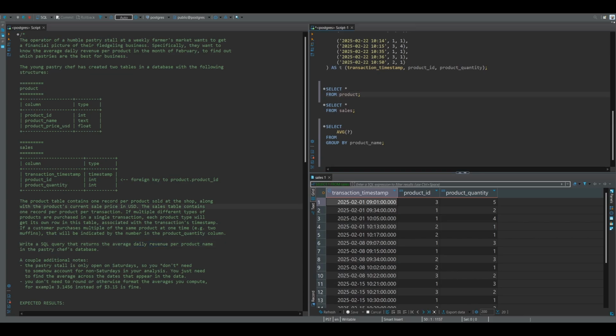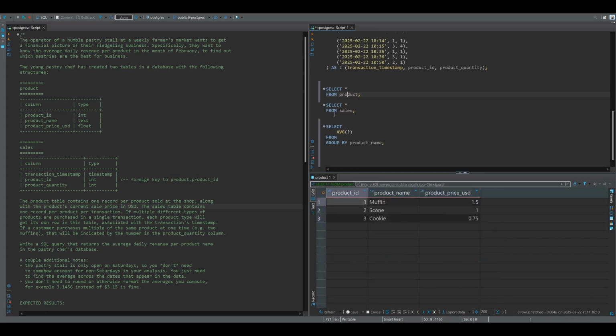The concept of daily revenue has two components, the daily part and the revenue part. Let's zoom in a little further and address each of these in turn, and let's start with revenue. So our sales table here does not have a revenue column, but it does have a quantity column. And if we join up to the product table, we can get price data.